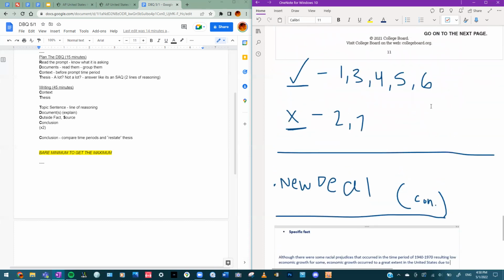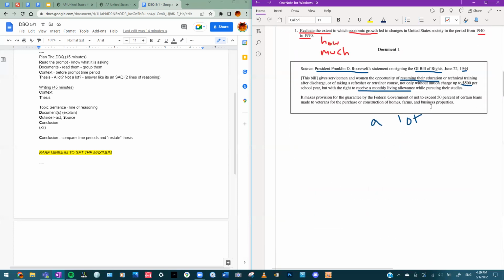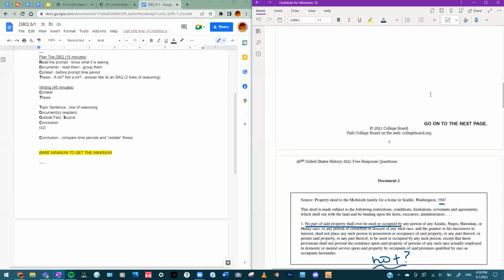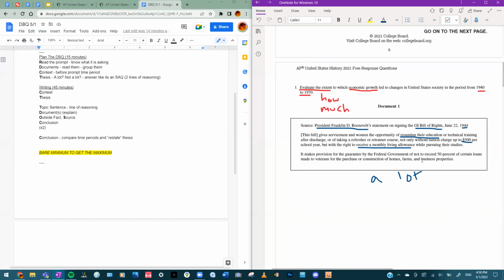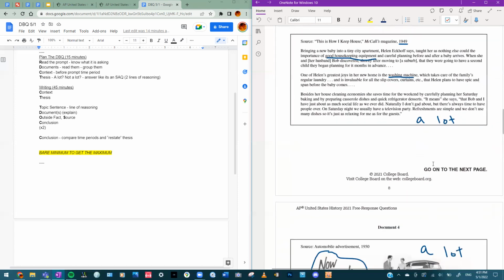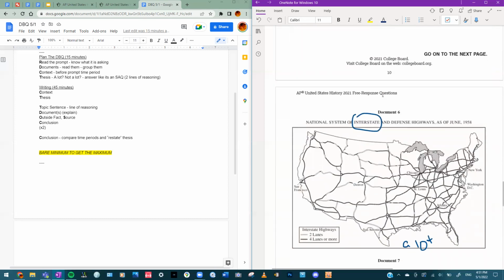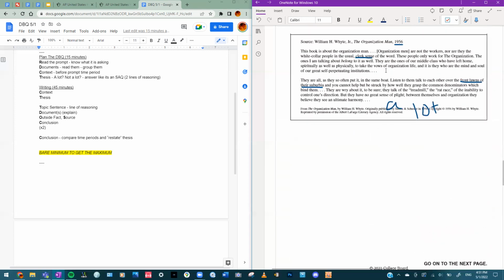Now, what do all these documents have in common? That say a lot. Well, let's see. Here we have Roosevelt making a GI Bill. Here we have some new inventions. Here we have some new suburbs.